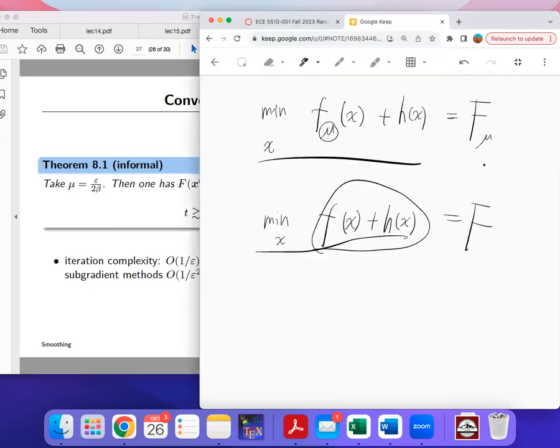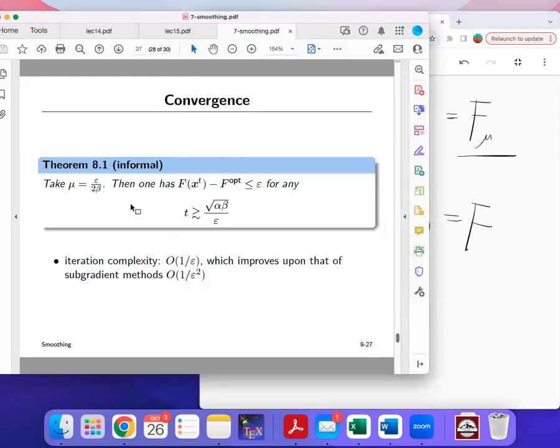So we need to consider both parts. One is the optimization, applying the accelerated gradient method to optimize this approximated problem, and then we consider the approximation error. Combining the two parts, we can get this result.